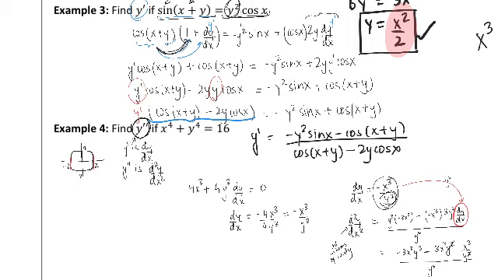And to do differentiation implicitly, we are basically doing d dx of both sides. Treat y as an inside function using the chain rule. And then we're going to isolate dy dx on the left side. That's basically the recipe.